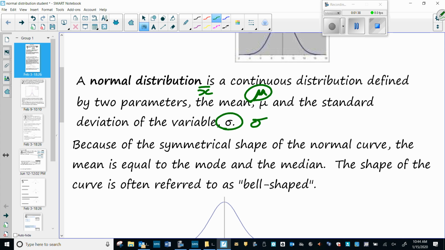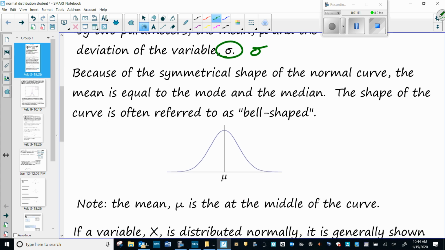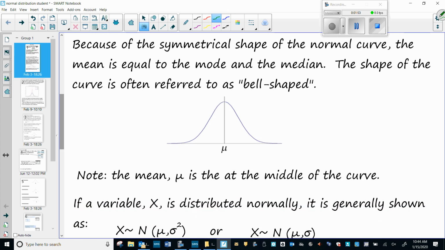That's sigma. So for these kinds of questions, you need to establish those 2 pieces of information, the mean and the standard deviation. The mean is going to be in the center of our bell-shaped curve. Half the data is to the left, half the data is to the right.